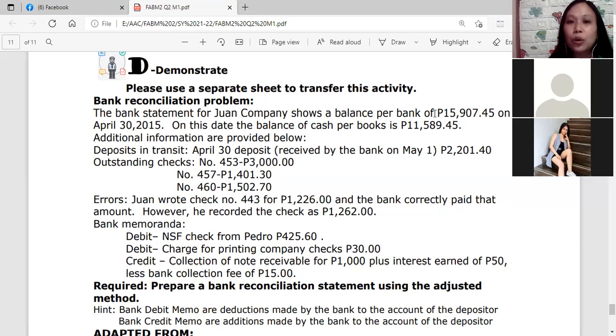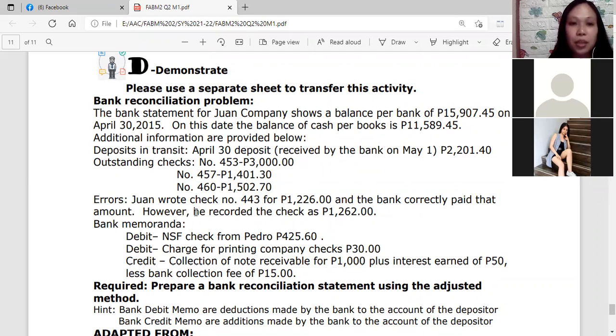Okay, so the beginning balance per bank. This is the unadjusted bank balance, 15,907.45. So you put that there. And then this one is the unadjusted book balance, 11,589.45. So you put that on the left. And then after that, below will be other information. Deposit in transit, outstanding check. Errors: you read the error.